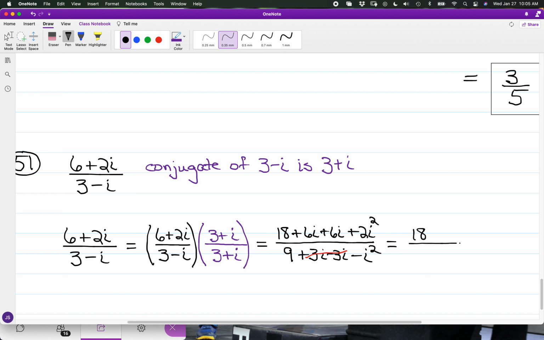So for what we have in the numerator, you have 18, 6i and 6i will make 12i, then we have plus 2i squared. Again, we have negative 1. You have 9 minus i squared, so you have 9 minus negative 1.